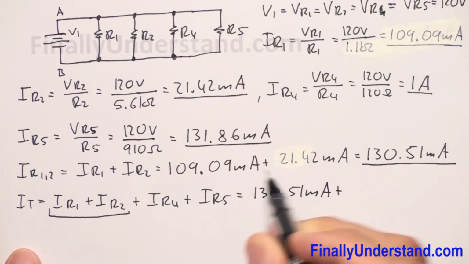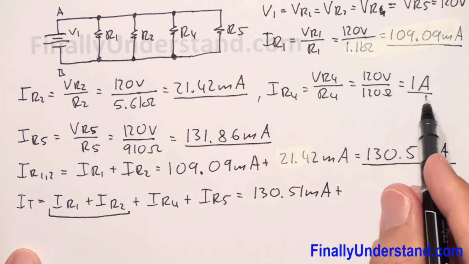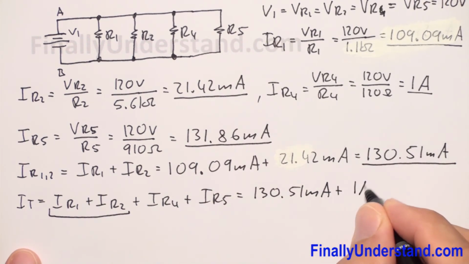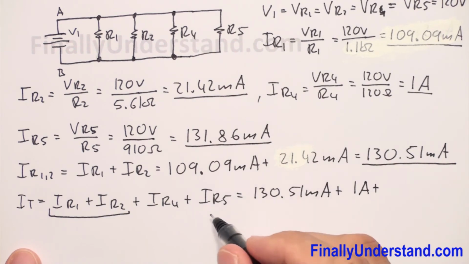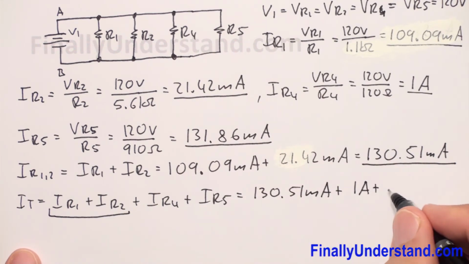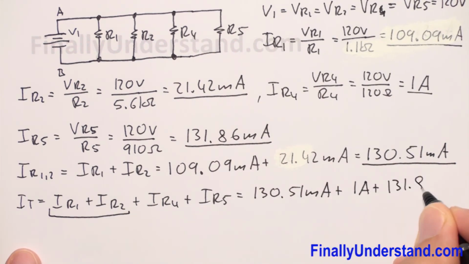plus IR4, which is equal to 1 amp, plus IR5, which is equal to 131.86 milliamps.